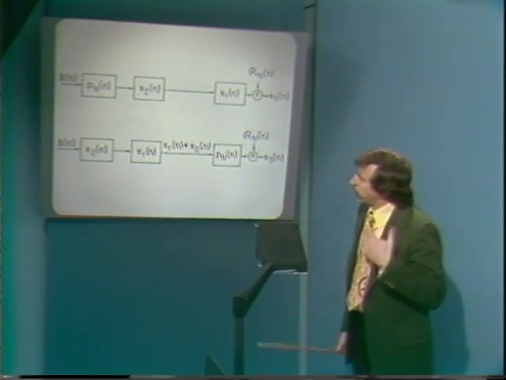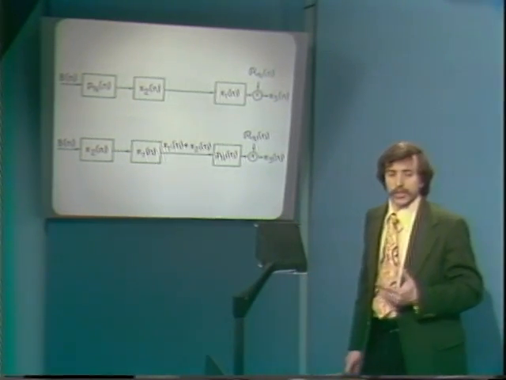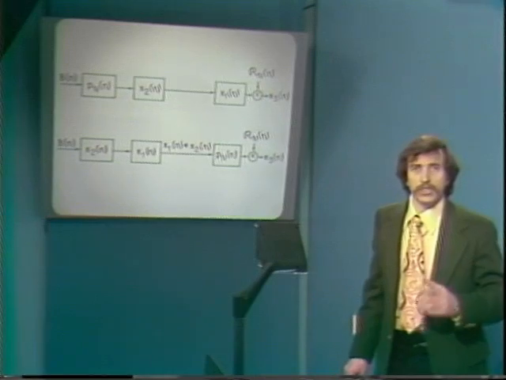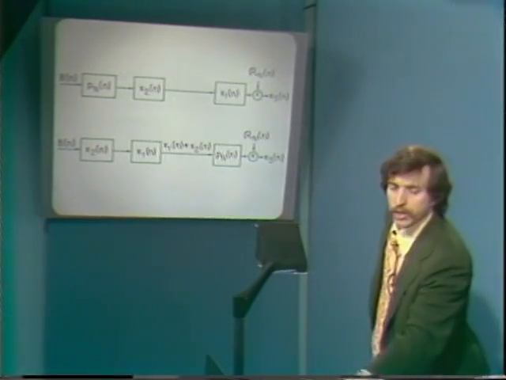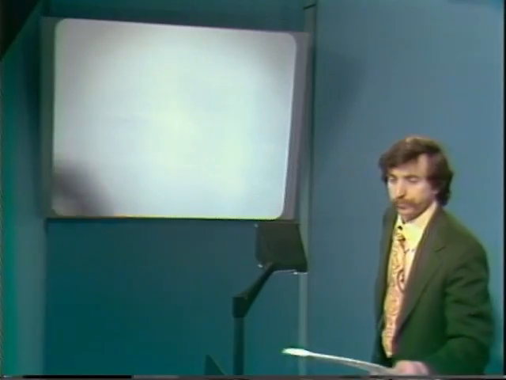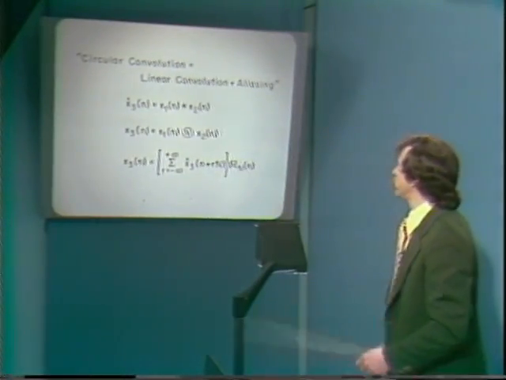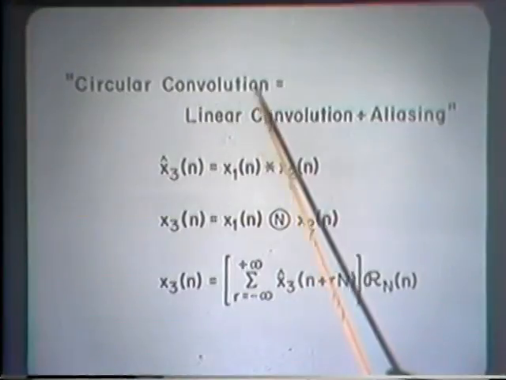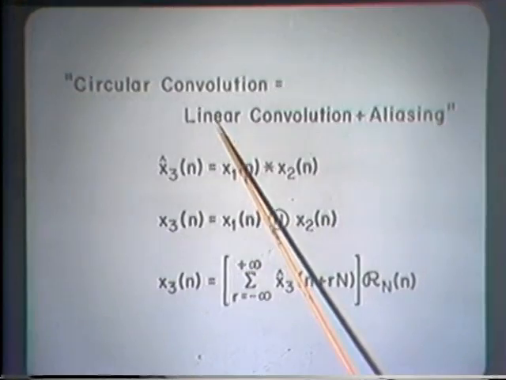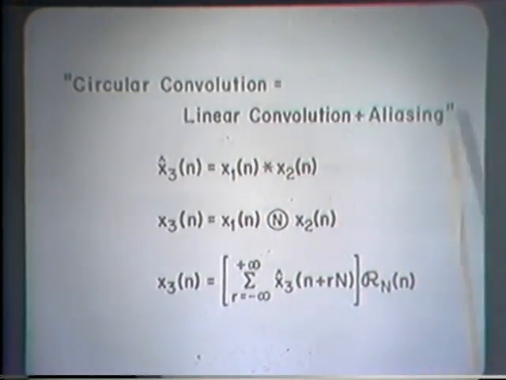But the way to summarize it or think about it is as circular convolution corresponding to linear convolution plus aliasing. So here it is said again. Circular convolution equals linear convolution plus aliasing.